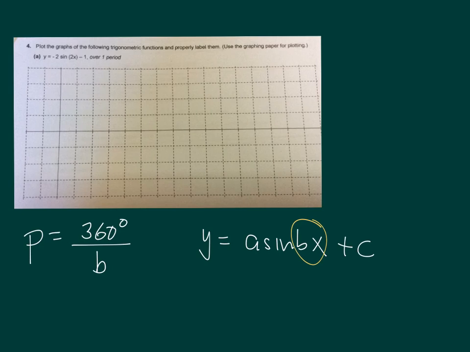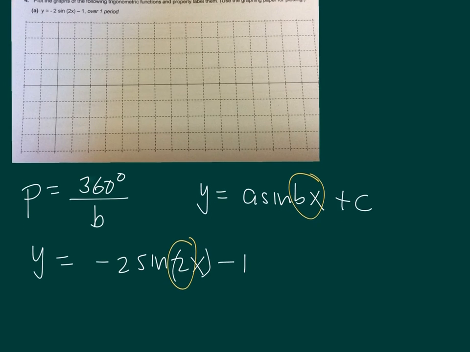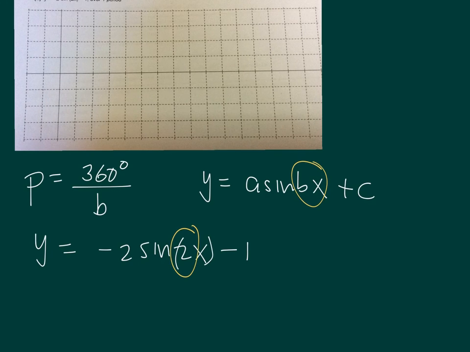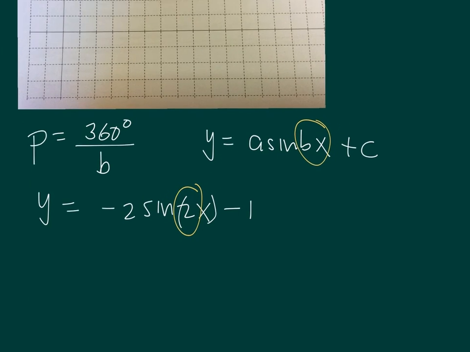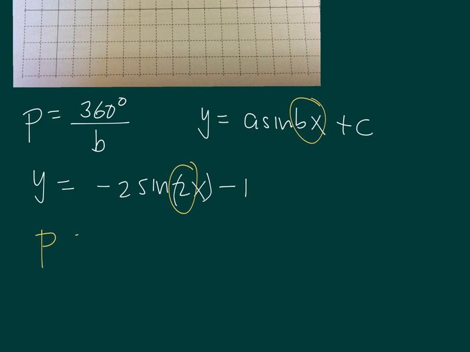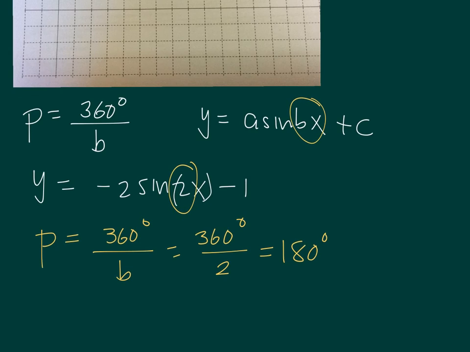So in the given, we have y equals negative 2 sine 2x minus 1. So the b here is 2. So p is equal to 360 degrees divided by b, equals 360 degrees divided by 2, equals 180 degrees.